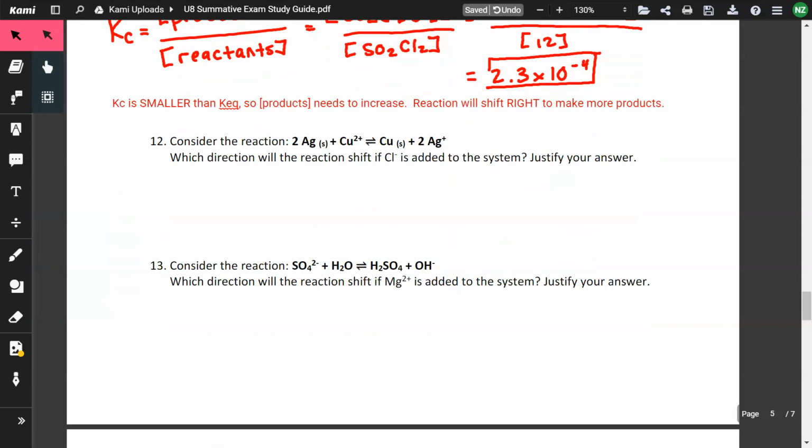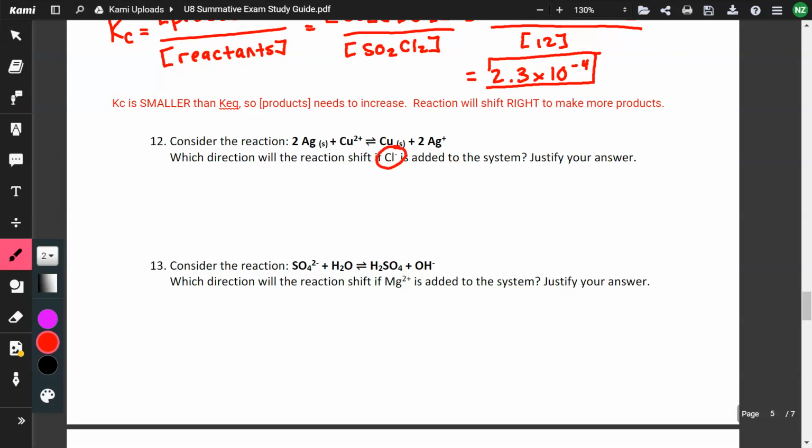All right, number 12. Consider the following reaction. Which direction will the reaction shift if Cl minus is added to the system? Okay. This is an ion, Cl minus. If we add it to the system, it is going to bond with what? Well, it's going to bond with our Ag, our silver.